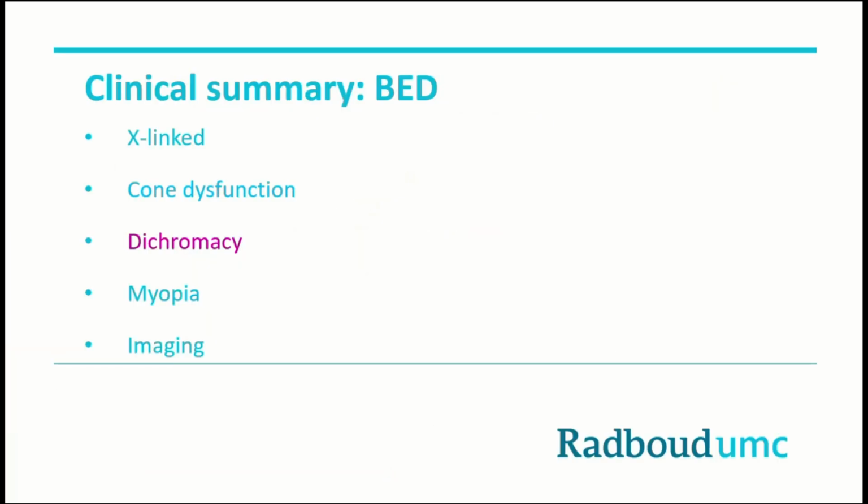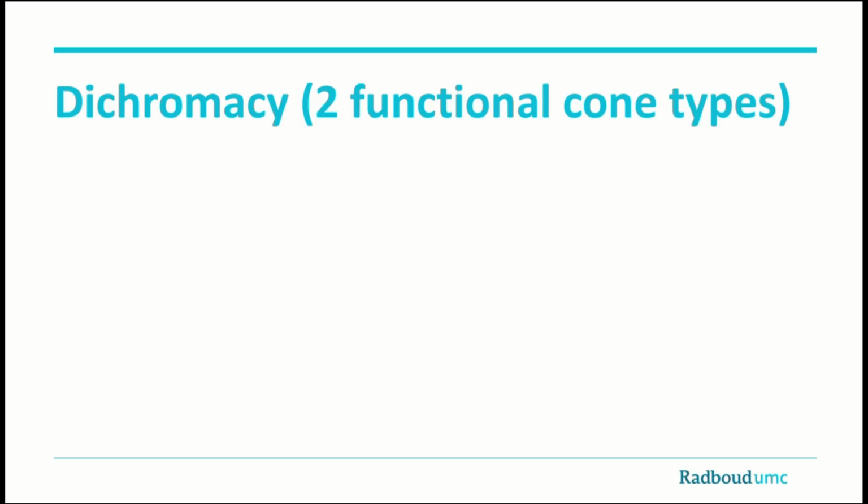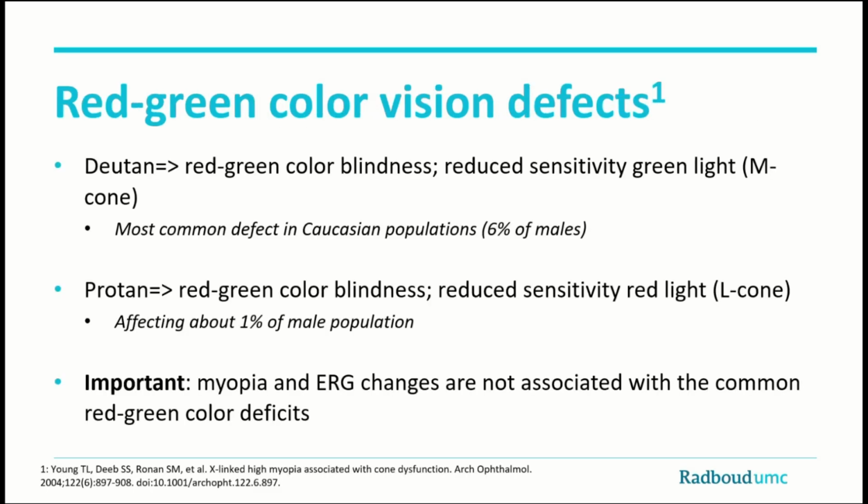Well, how about dichromacy? Dichromacy means that you have two functional cone types. What was already mentioned in the previous presentation is that patients with BCM have color vision defects, but in Bornholm eye disease as well. If we step away from Bornholm eye disease and BCM, in the general population, 6% of males have a deutan, a red-green color vision defect, which is caused by a reduction in the sensitivity to green light, so that's by the M cones.